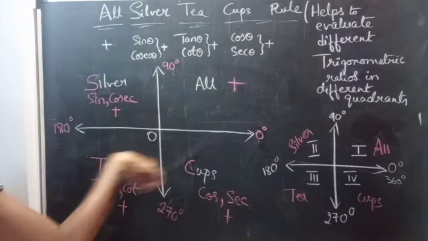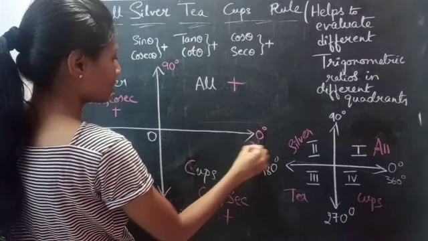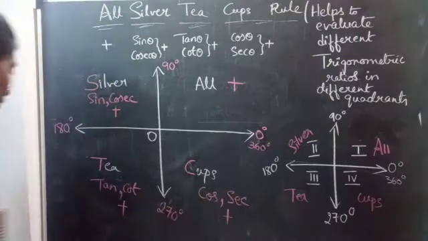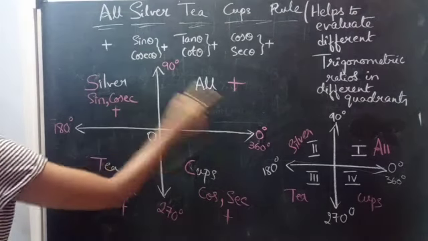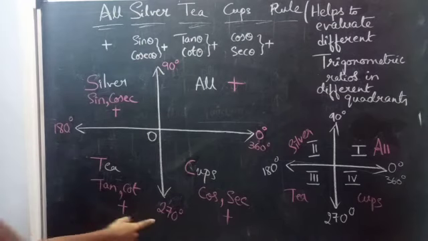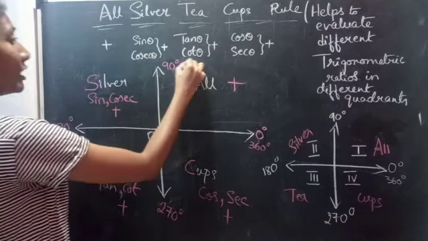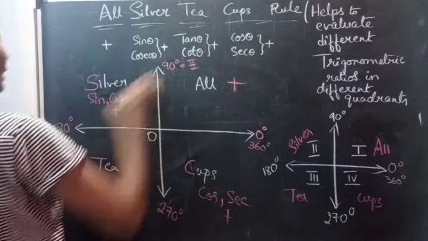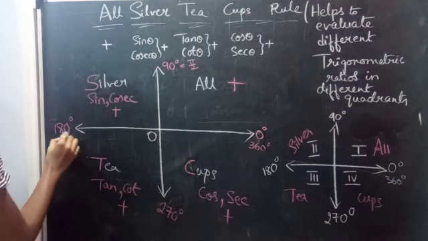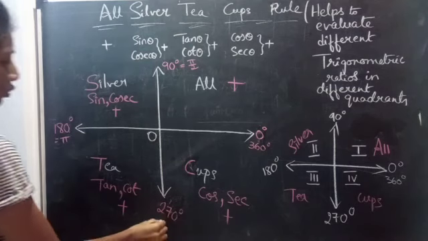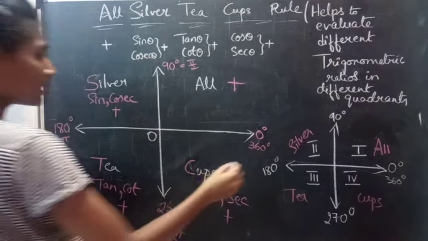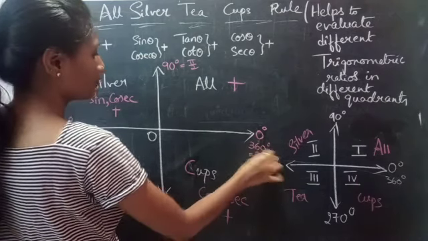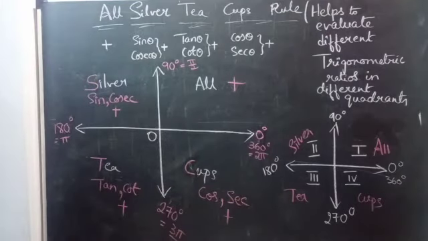One complete rotation is equal to 360 degrees. If you want, you can write these in radians. 90 degrees equals pi by 2, 180 degrees is pi, 270 degrees is 3 pi by 2, and 360 degrees is 2 pi.